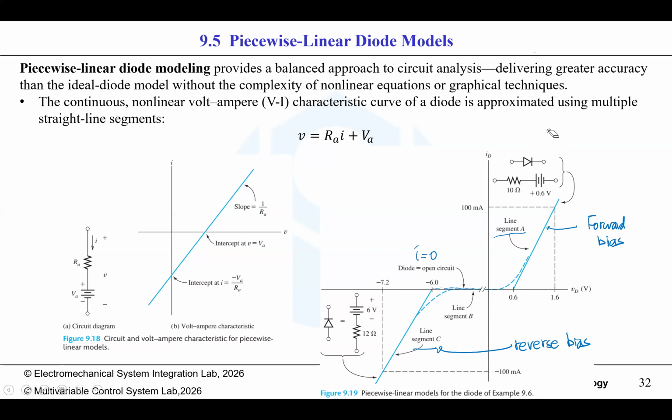And how can we approximate this line? This is VD, ID.